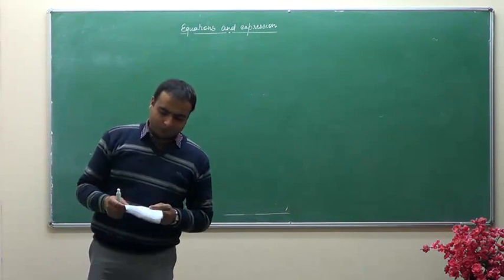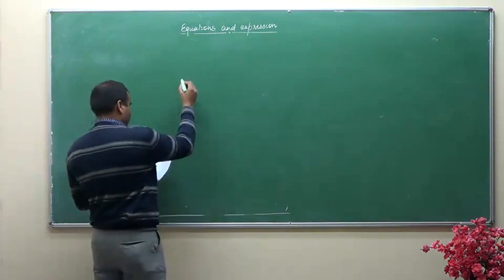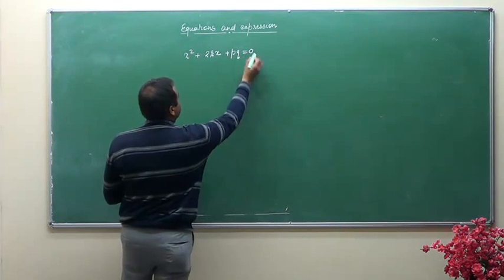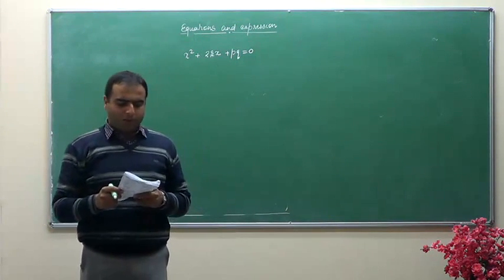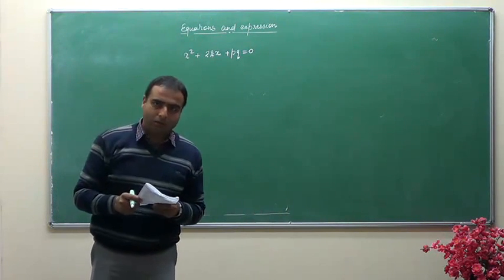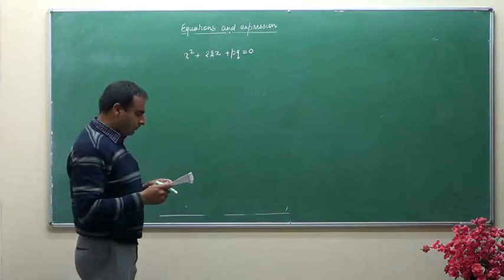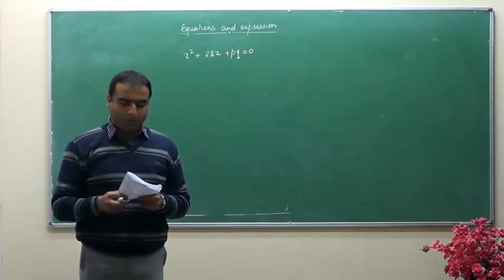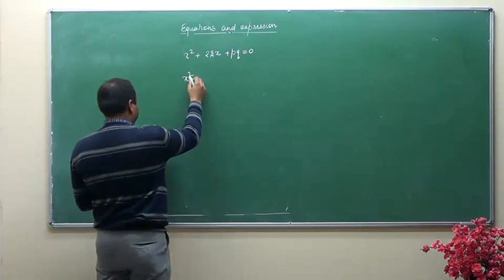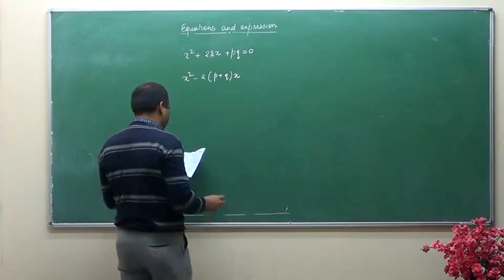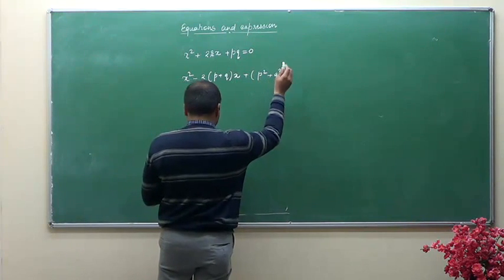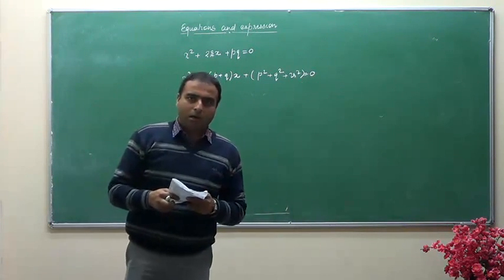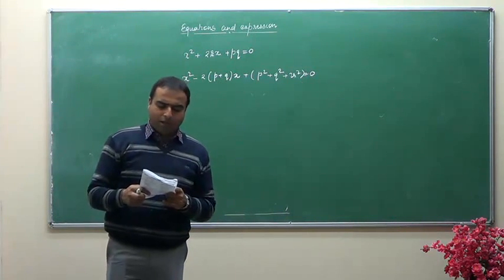If the roots of x square plus 2rx plus pq equal to 0 are real and unequal, then those of x square minus 2(p plus q)x plus p square plus q square plus 2r square equal to 0 are imaginary, and vice versa.